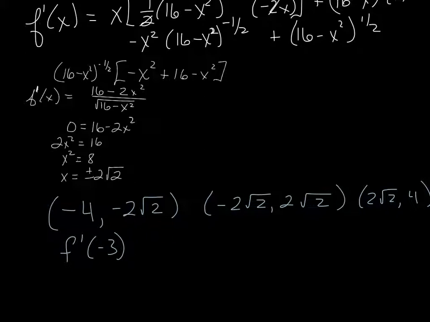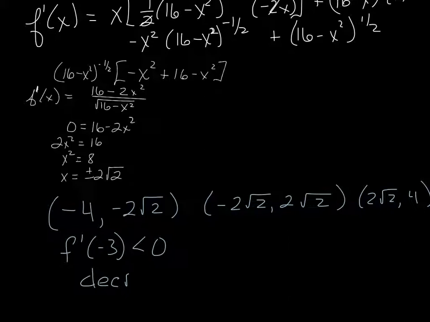Plug it back into the derivative, and really here all we have to worry about is the numerator, because the denominator is going to always be positive. If I plug in negative 3 in the numerator, it's going to be less than 0. So this means we are decreasing here. I don't need the value.